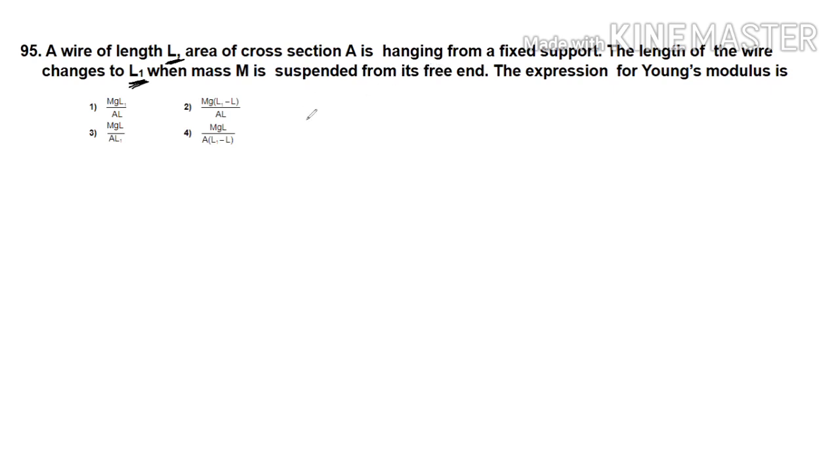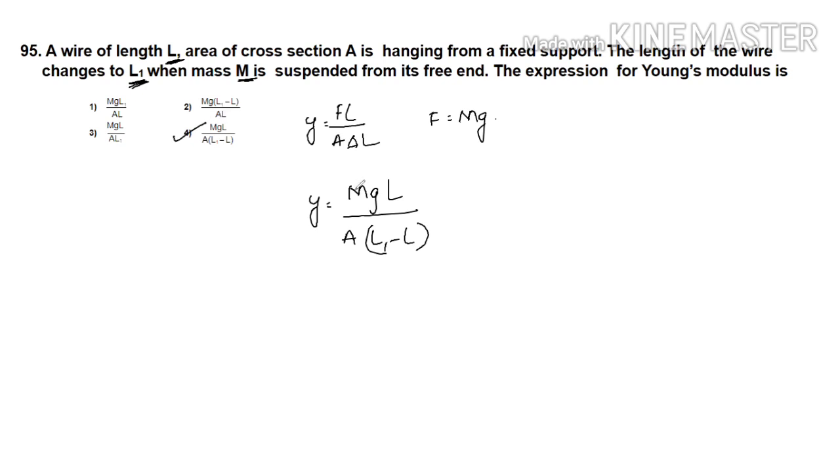Now the expression for Young's modulus is F into L divided by A into delta L. Applying this to the question, a mass M is suspended, so F we can write as mg. So Young's modulus is mgL divided by A into the change in length, L1 minus L. So option 4.